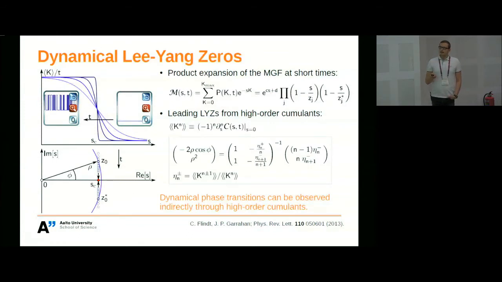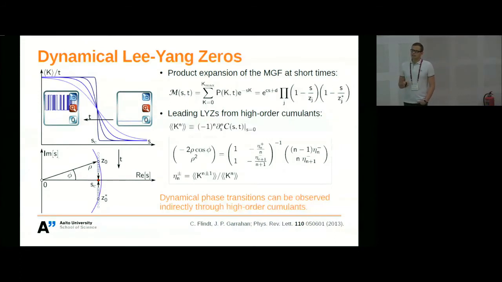Okay, now then playing the same game as before, I get this relation between the leading Yang-Lee zero and ratios of high order cumulants. This is exactly the same as we had before. This formula now gives us an opportunity to indirectly observe a dynamical phase transition, even if it happens in the complex plane, so in the complex counting field plane.